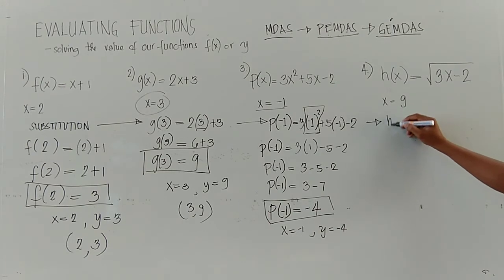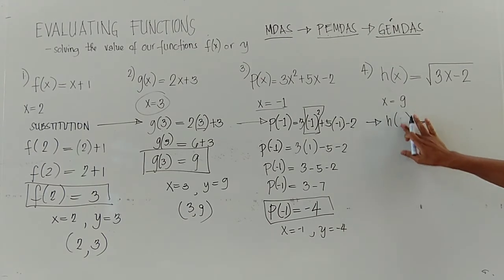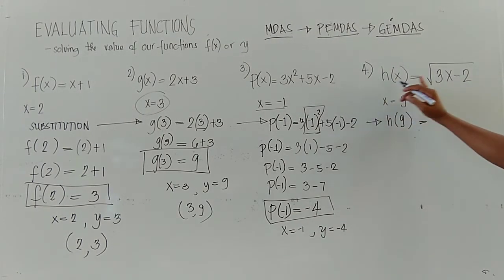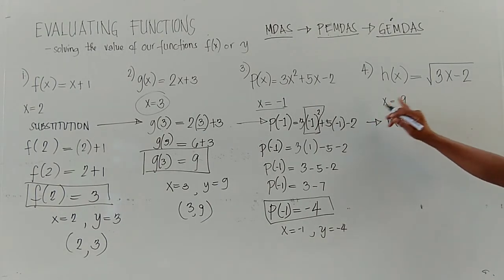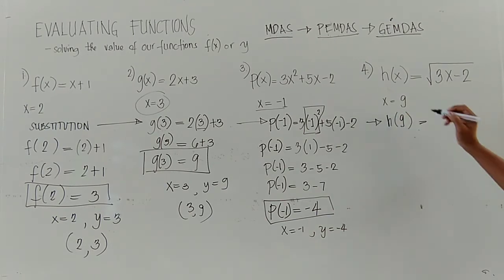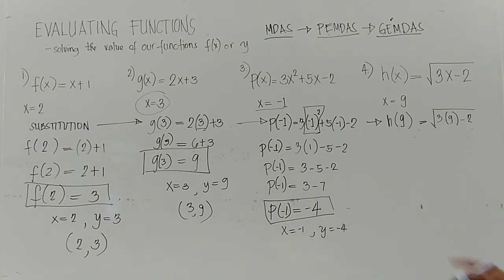So let us substitute the value of x, which is equal to 9. Okay, so we have h of x equals the square root of 3x minus 2, where x is equal to 9. So we have h of 9 is equal to the square root of 3 times the quantity of 9 minus 2. Again, we will be following the MDAS or the PEMDAS or the GEMDAS.